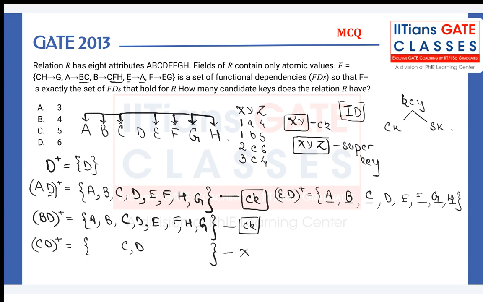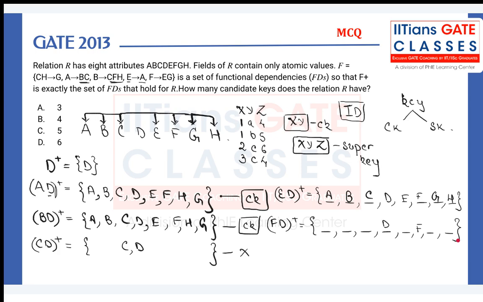So FD plus. B, C, D, E. So this is D, F, G, H. Okay. So D gives me nothing.